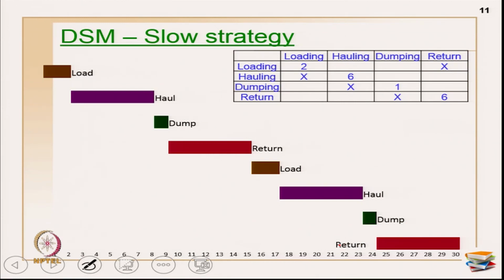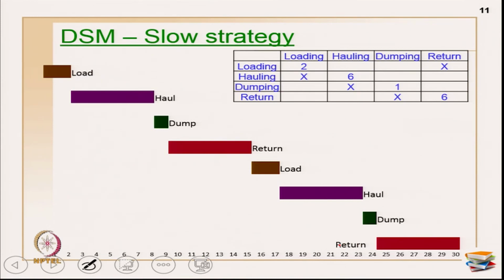It takes 2 hours of loading, 6 hours of hauling, primarily traveling on the road, 1 hour to dump the soil, and the same 6 hours to return because I am going to travel on the same road. So, I have made the assumptions: 2, 6, 1, 6.